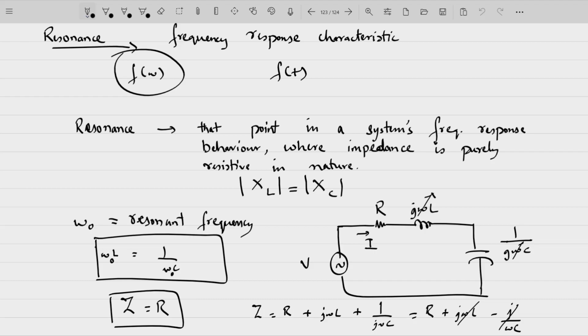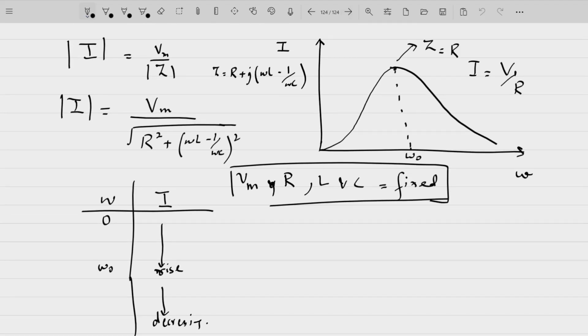So you have now seen that as omega changes, the impedance of the system is changing, and at a particular value, impedance becomes equal to R, where the circuit behaves as a purely resistive circuit, and current has the maximum value. Beyond this particular point, on either side, the current value decreases. Fine. So this is actually the resonance in an RLC circuit.